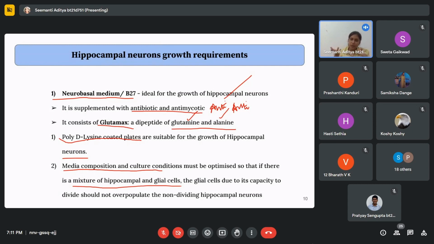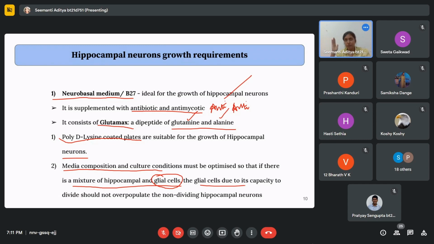It is very much possible that we have contaminating cells, but the problem with them is that glial cells are dividing cells. So if there is any contamination, the glial cells might divide and overpopulate the non-dividing hippocampal cells.